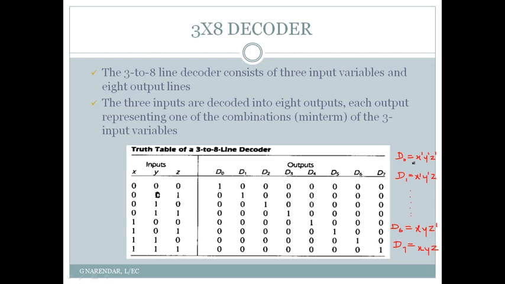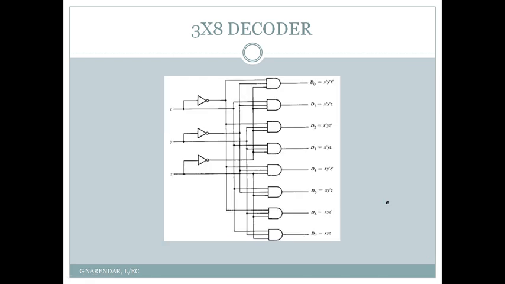Since we have 8 output lines, 8 minterms are there, so we require 8 AND gates for the combinational logic circuit, and for each AND gate, the corresponding variables present in the minterm will be the inputs. So here goes the combinational logic circuit of the 3/8 decoder.